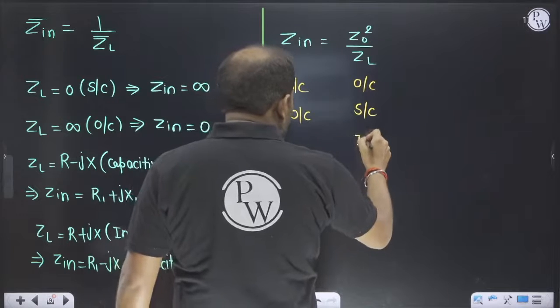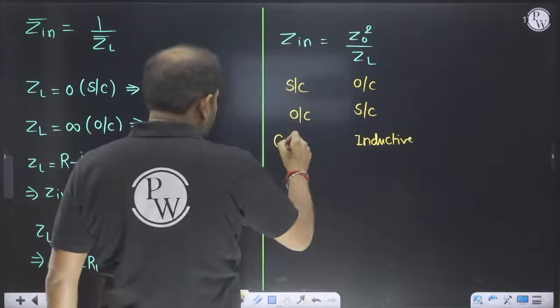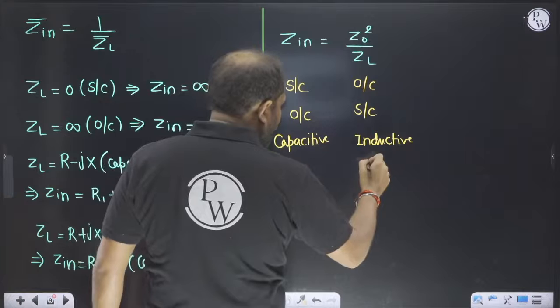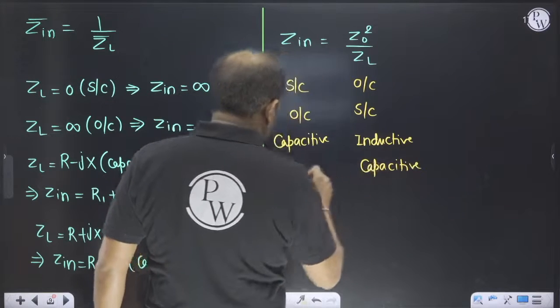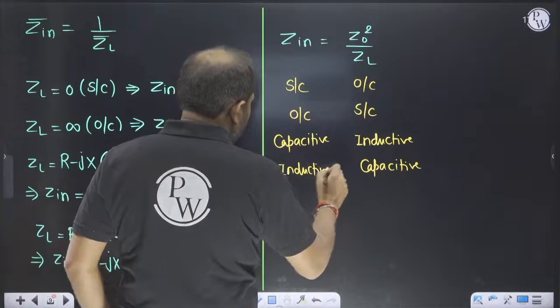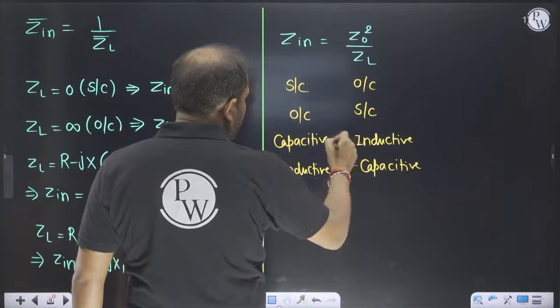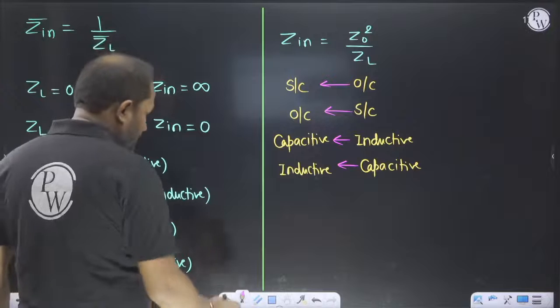If this one is inductive, this one will be capacitive, and if this one is capacitive, the input impedance should be inductive. So we can say that the nature of impedance is inverted here.